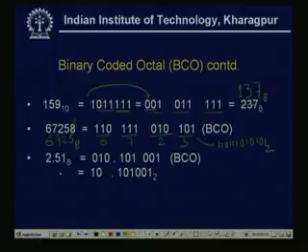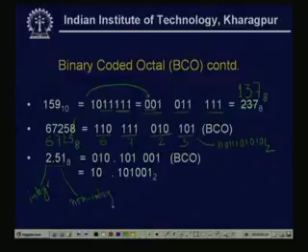Now, we consider one fraction. So, this is 2.51 in octal. Then what I will be doing? As there are two portions, this is my integer portion and this is my non-integer portion.